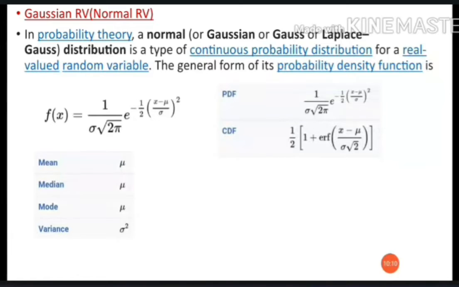The general form of its probability density function is f of x equal to 1 by sigma root 2 pi into e raised to minus 1 by 2 into ((x minus mu) by sigma) the whole square. That is the function f of x with mean mu and variance sigma square. We will be talking about this in detail later.